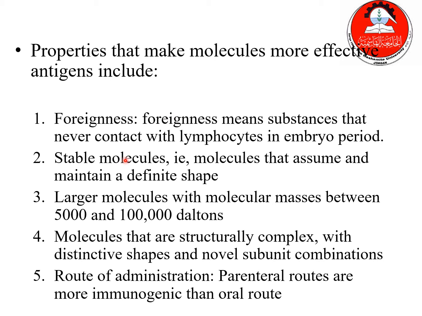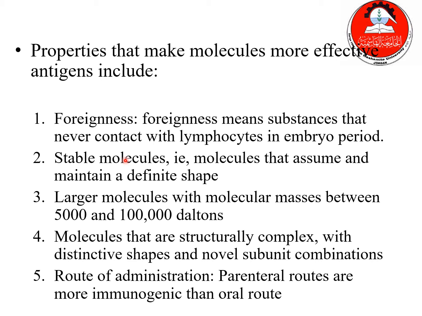So if they have a definitive shape, they have a specific, unchanging shape, and the more stable the shape, the more immunogenic. Larger molecules with molecular mass between 5,000 and 100,000 Daltons are more effective antigens than smaller molecules. Molecules that are structurally complex with distinctive shape and novel subunit combination.